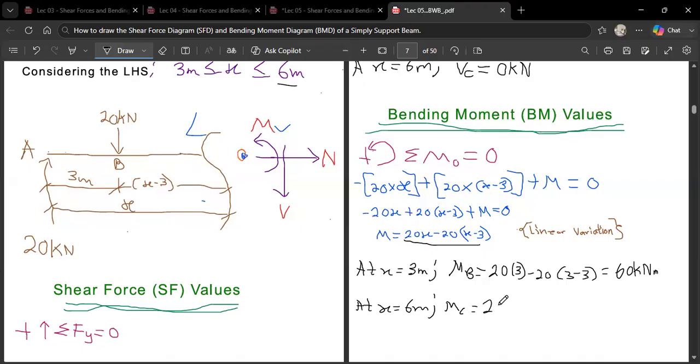This time, wherever we see x, we're going to put 6. We are just writing this relation, but wherever you see x, you put the value of x over there. So this is 6.